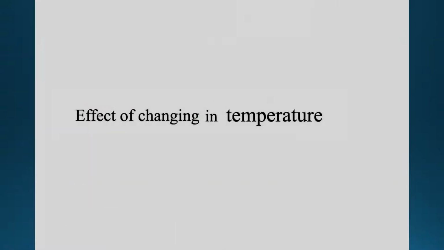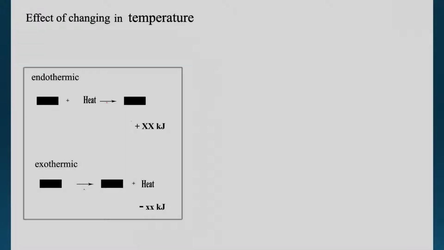The last part, effect of changing temperature. Students, I hope you still remember year 11: how you write endothermic and how you write exothermic. Let's revise. Endothermic, in the equation, you add heat before the arrow to become something, so you write some plus kilojoules.